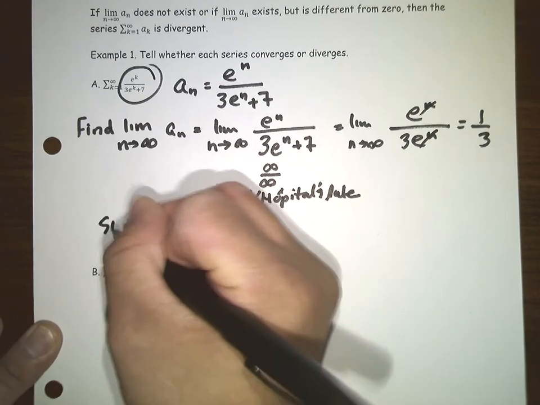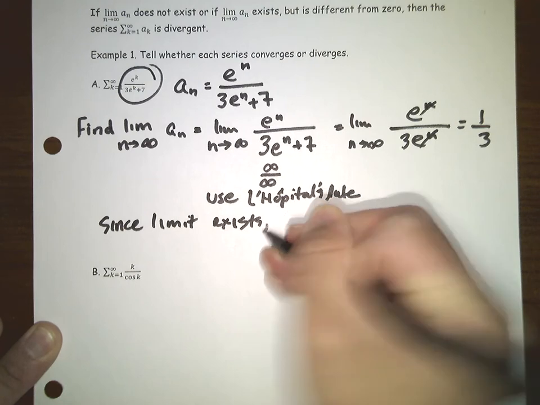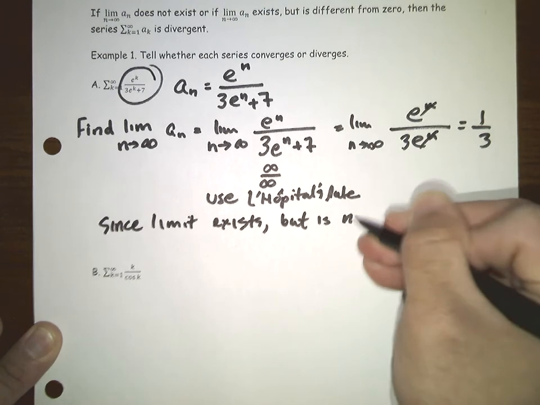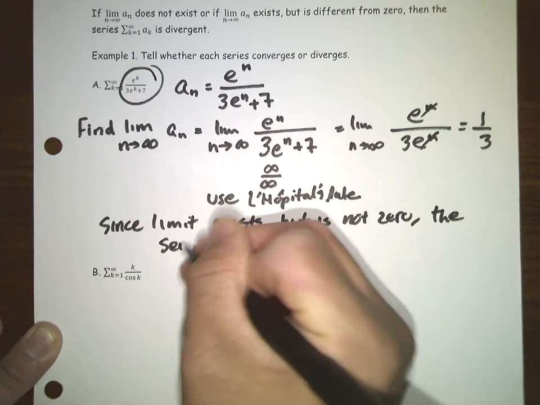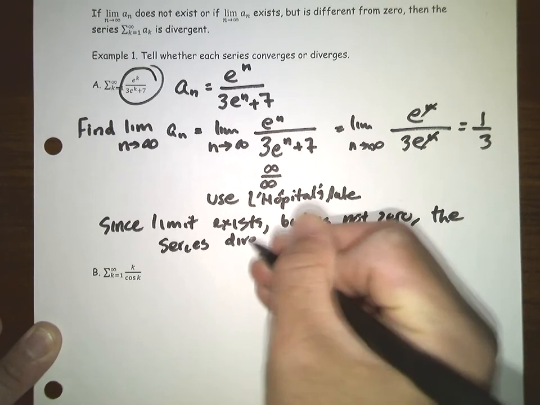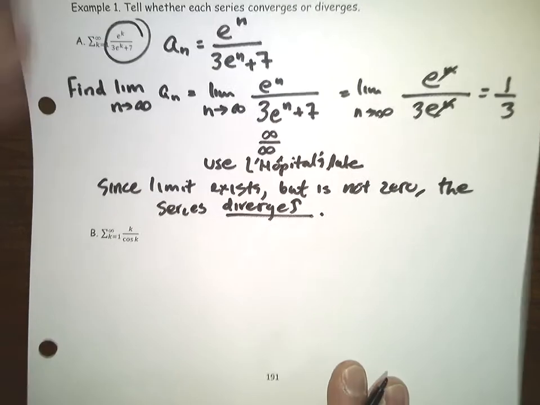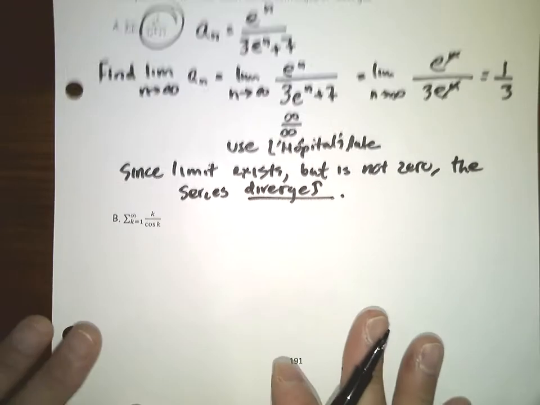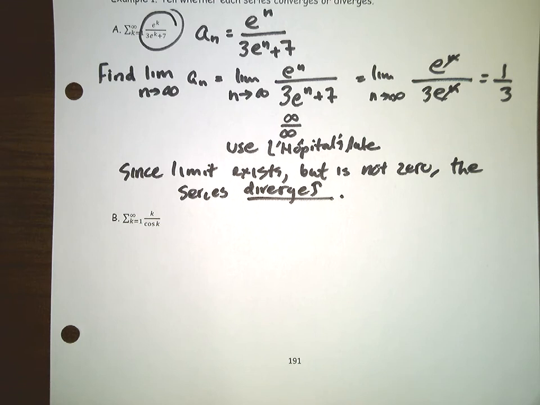So since the limit exists but is not 0, that means that the series diverges. So again, right away, if the limit is not 0, then you can tell that the series diverges. So let's try another one here.